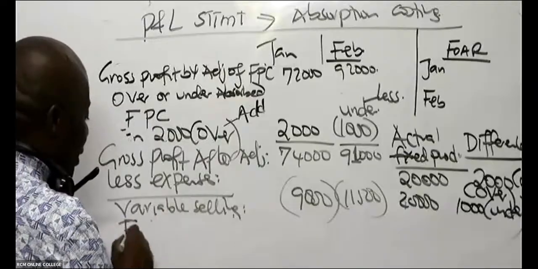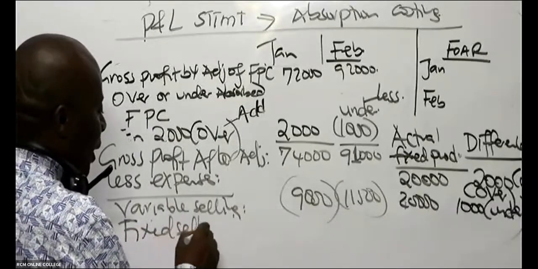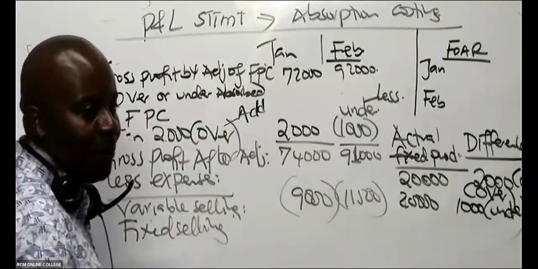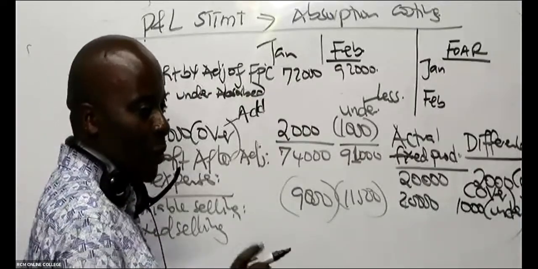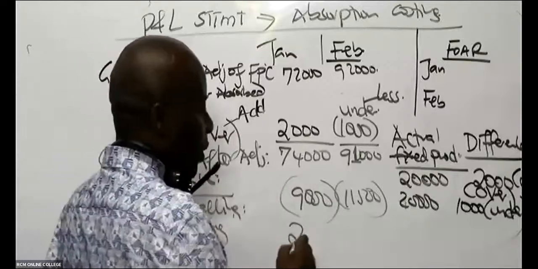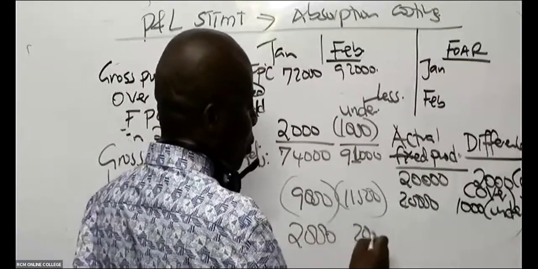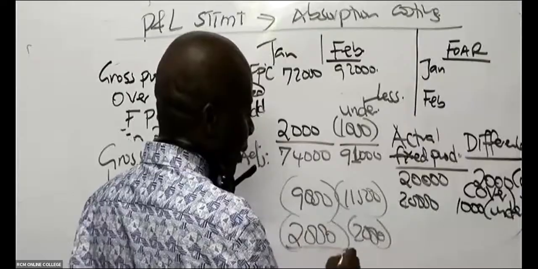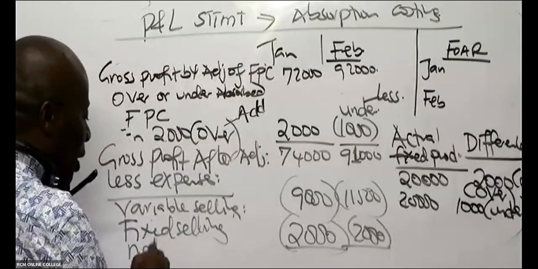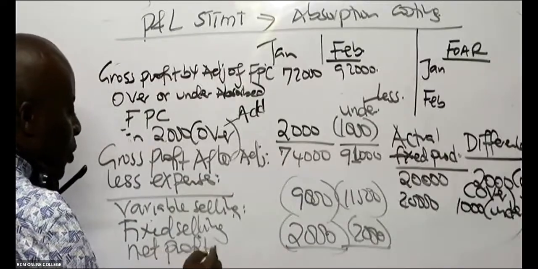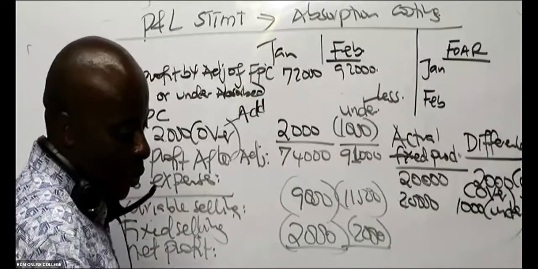We have our fixed selling. So come here, we have our fixed selling. So fixed selling is how much? It is 2,000, not 20. So it is 2,000 in January and 2,000 in February, isn't it? You subtract like that. So now you are able to get what you could call net profit. Is that okay? You're able to get net profit.